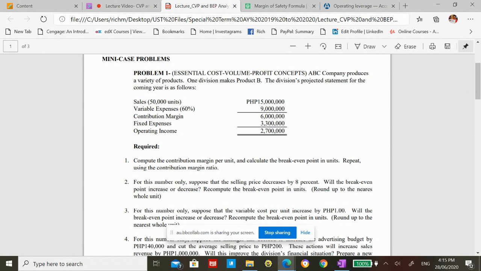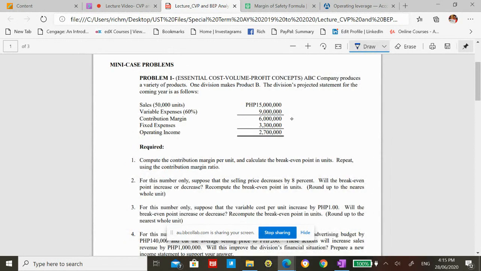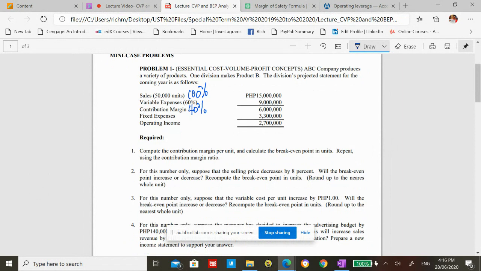So that is 60%. So most probably, our contribution margin will be 40%, because sales is 100%, minus 60%, which is your variable expenses, then you will have the contribution margin. So the total is 40%.